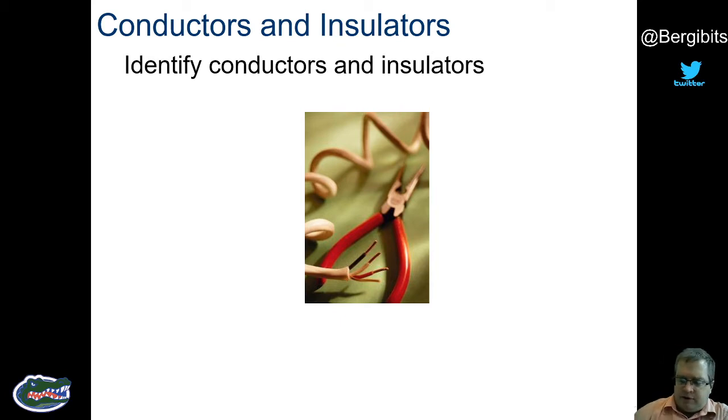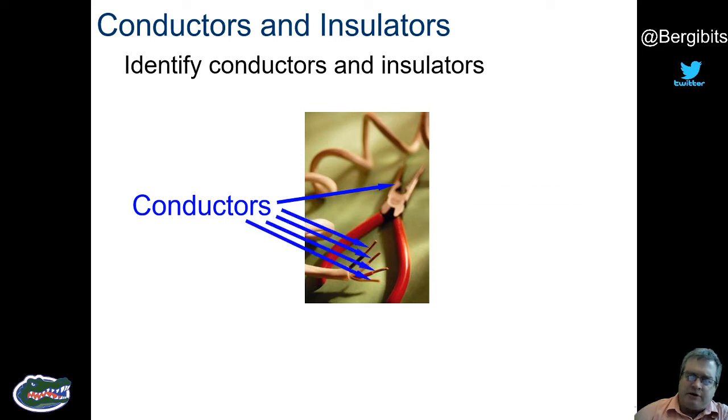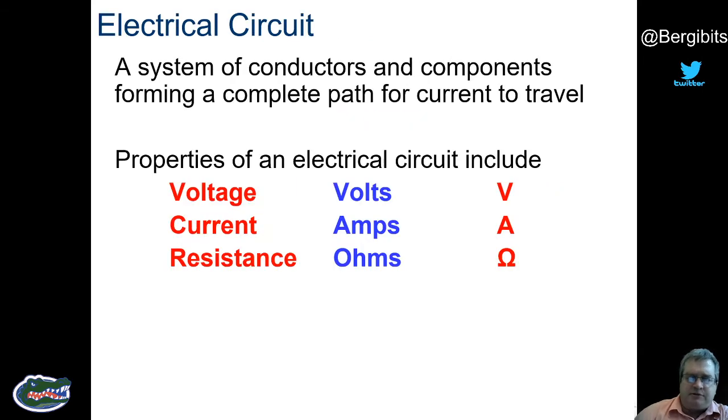Otherwise, if you're working on electricity, that can be very dangerous. All right, so conductors would be the ends of the pliers, the wires. The insulators would be the insulation that's on the outside of the wires and the individual wires themselves that are insulated from each other, and the handles of the pliers.